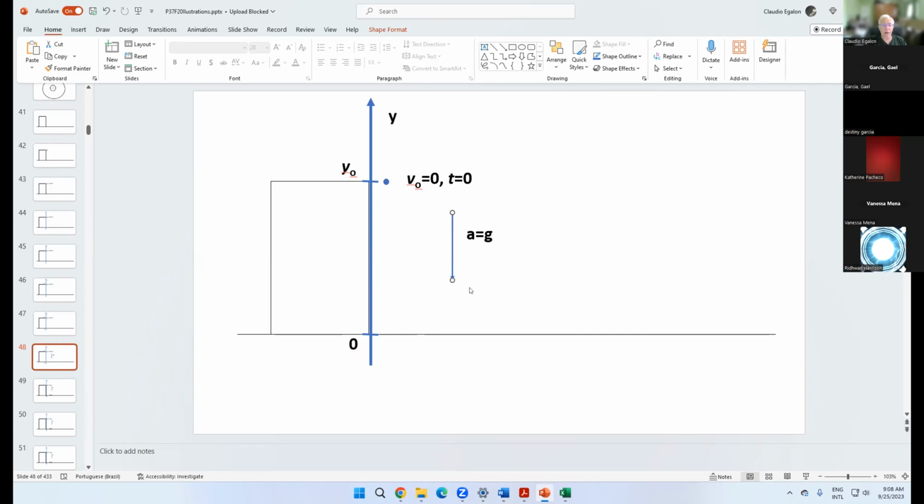Because the acceleration is pointing in a direction opposite to the direction of the y-axis, we come up with a negative sign for this G, because it's in a direction opposite to the axis.